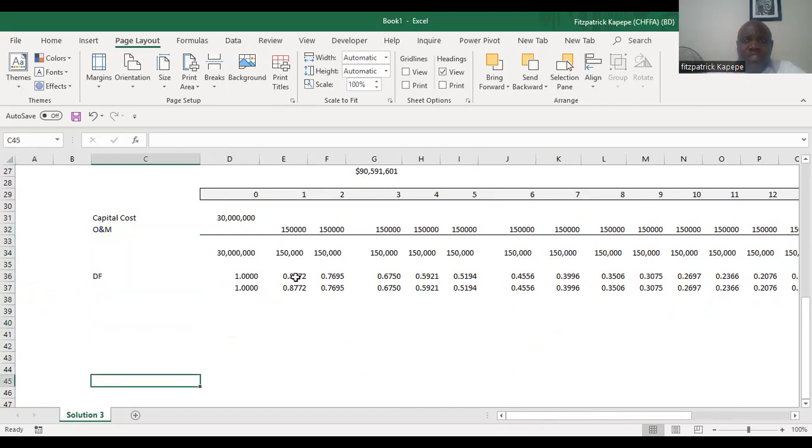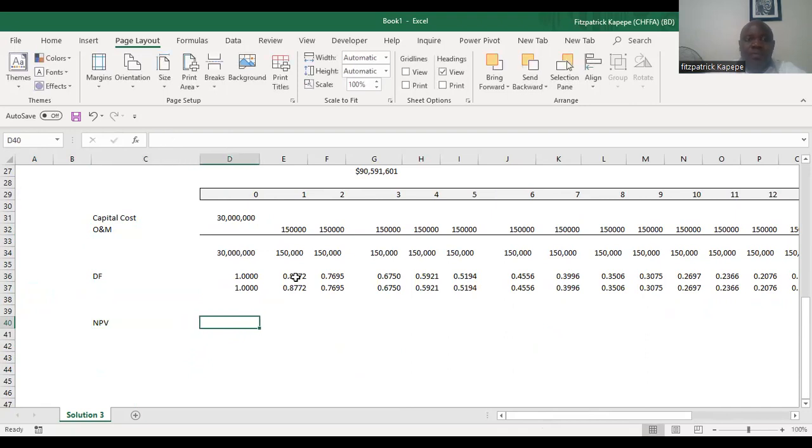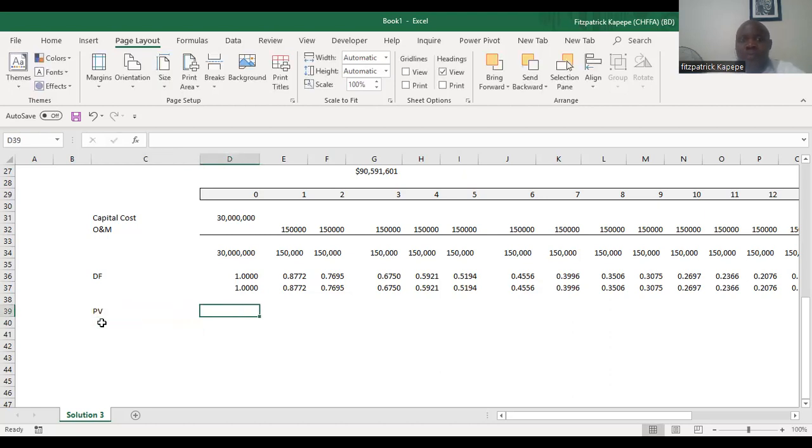So if I want to get now the NPV, first you get the present value. When you start discounting, on year 0, it's actually 1.